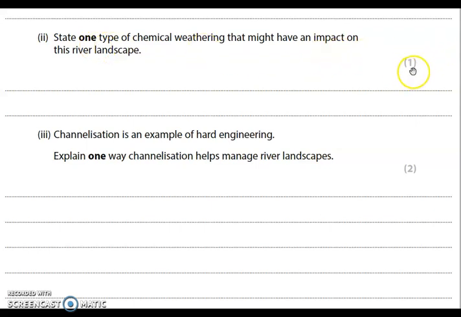It's only worth 1 mark as well, so it's a very short one. And it has to be something to do with chemical weathering, not erosion, not deposition, not biological, not mechanical weathering. It has to be related to chemical weathering, and that might have an impact on this river landscape. So really simple, straightforward, just 2 or 3 words is all you need. Have a go now.